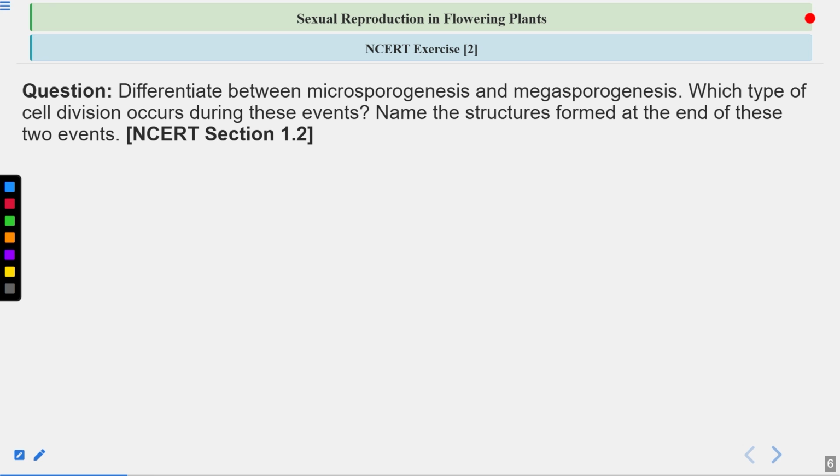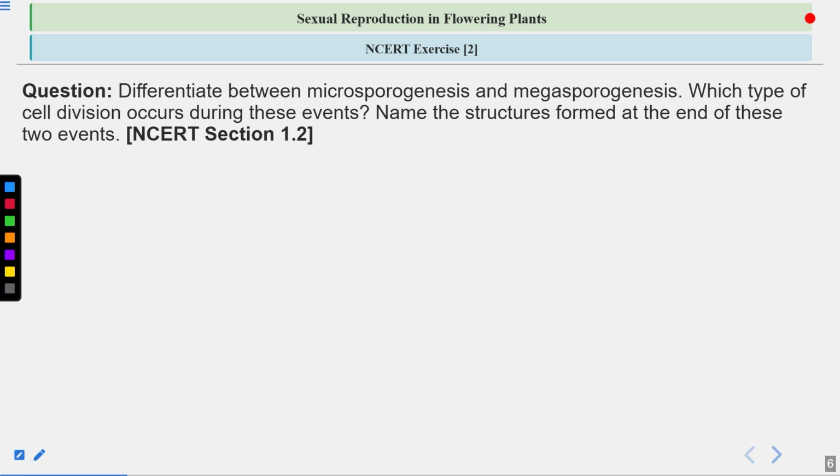Differentiate between microsporogenesis and megasporogenesis. You have to differentiate these. And there are other questions also. Which type of cell division occurs during these events? They are asking which type of cell division occurs in microsporogenesis and megasporogenesis, right?